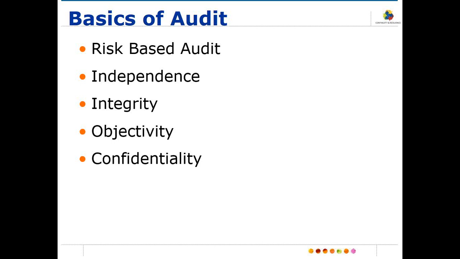In the same sense, if during the audit I find out some secret, confidential, proprietary information about the functioning of that particular process or function or organization, I should not go out and discuss that with any third party.